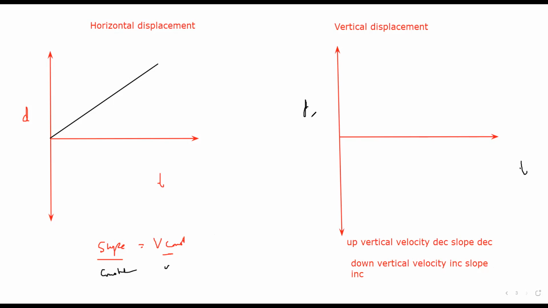You can see it rises and then it returns. So displacement increases and then the displacement decreases. So this part, when it reaches the top and then returns back. So this will be the distance or displacement time graph for vertical and for horizontal.